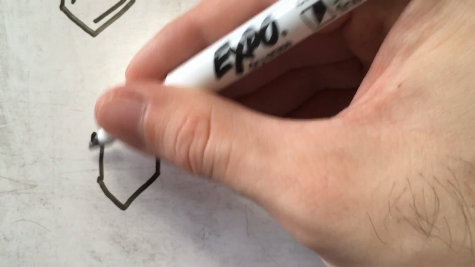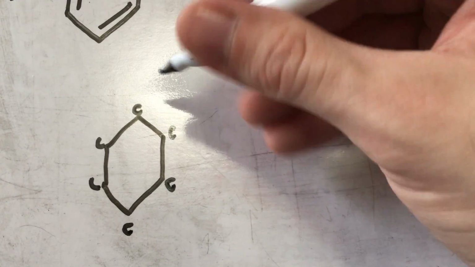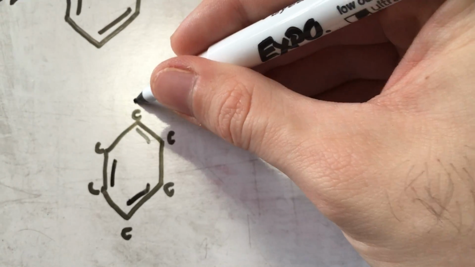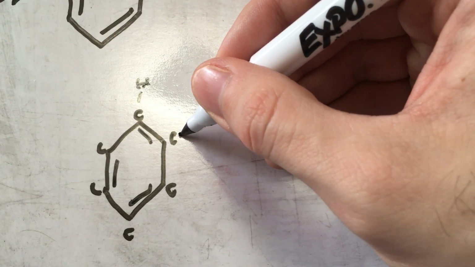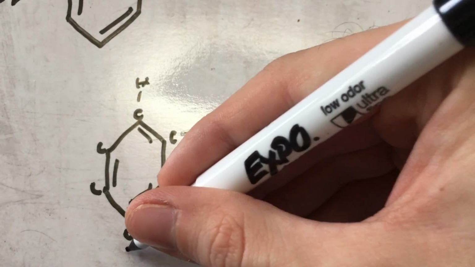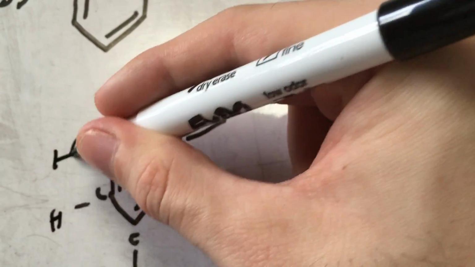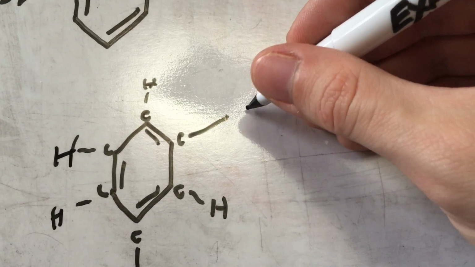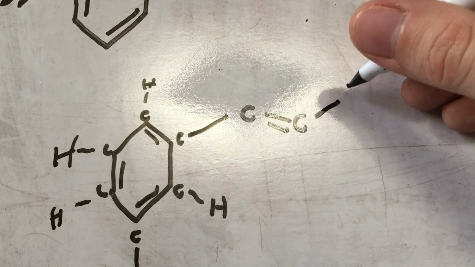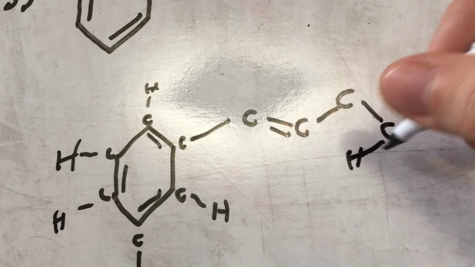This is a carbon, carbon, carbon, carbon, carbon, carbon. And since they all have double bonds, this one has that other bond, and all these other ones have just one hydrogen. This one has another carbon bonded to another carbon, bonded to another carbon, bonded to another carbon.